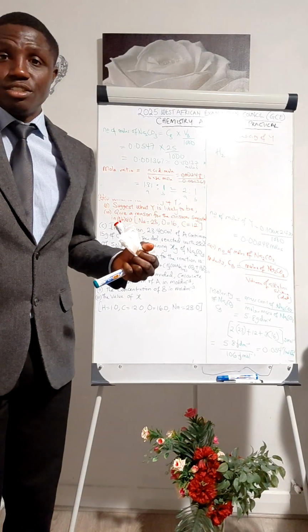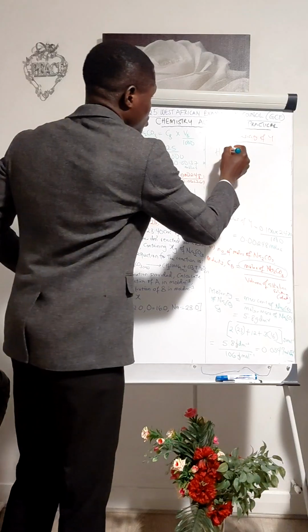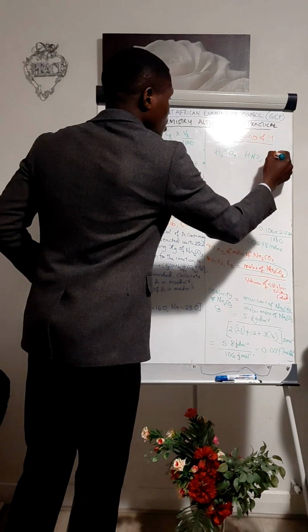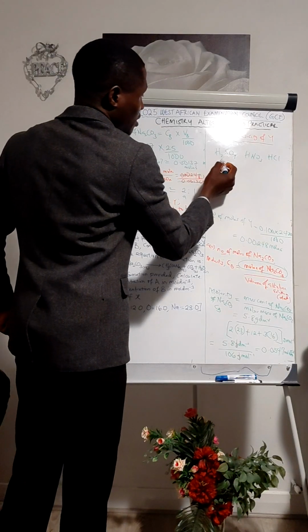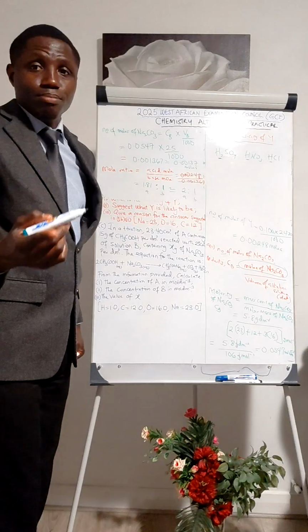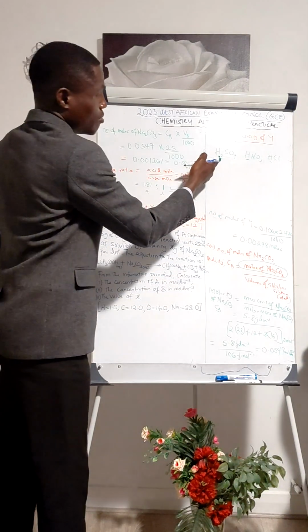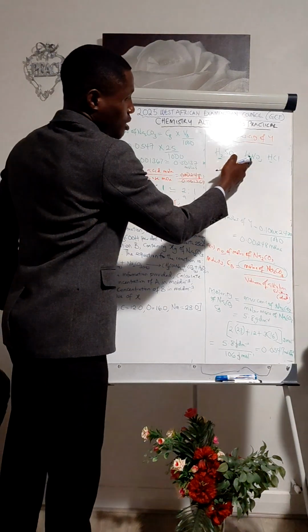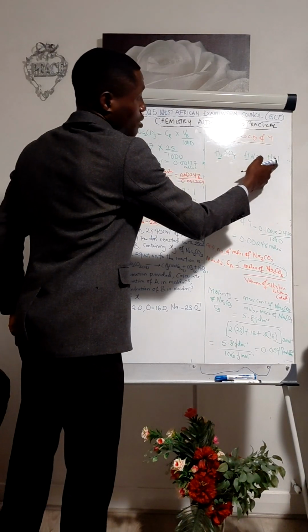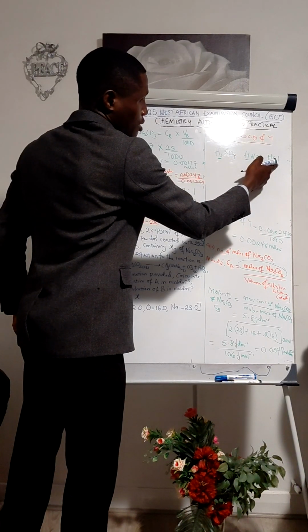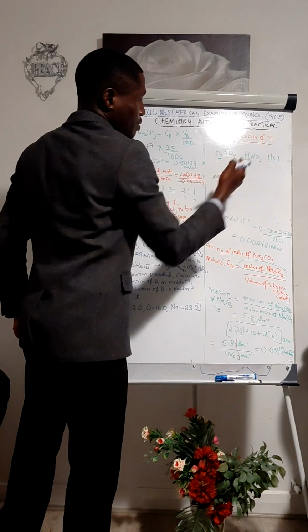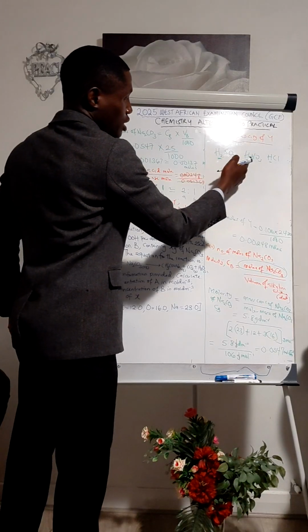For example, H2SO4, HNO3, HCl: this one has 2 hydrogen, this one has 1, this one has 1. So the basicity of H2SO4 is 2, the basicity of nitric acid is 1, and the basicity of hydrochloric acid is also 1.